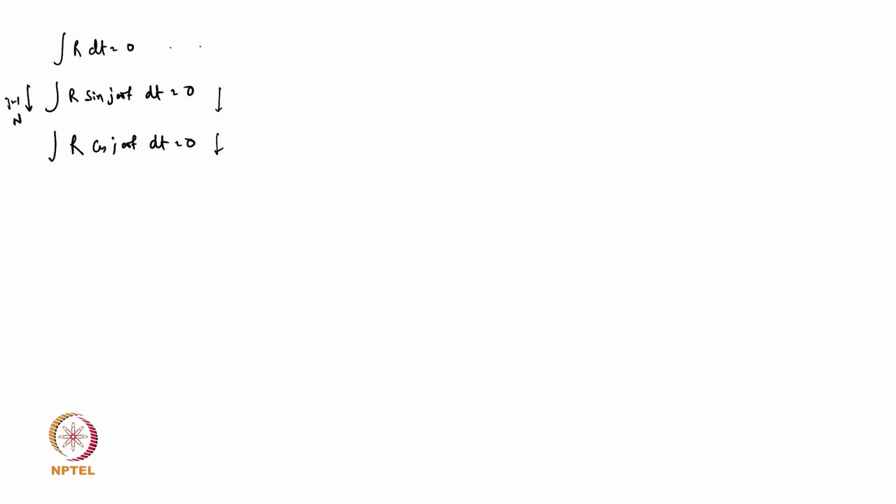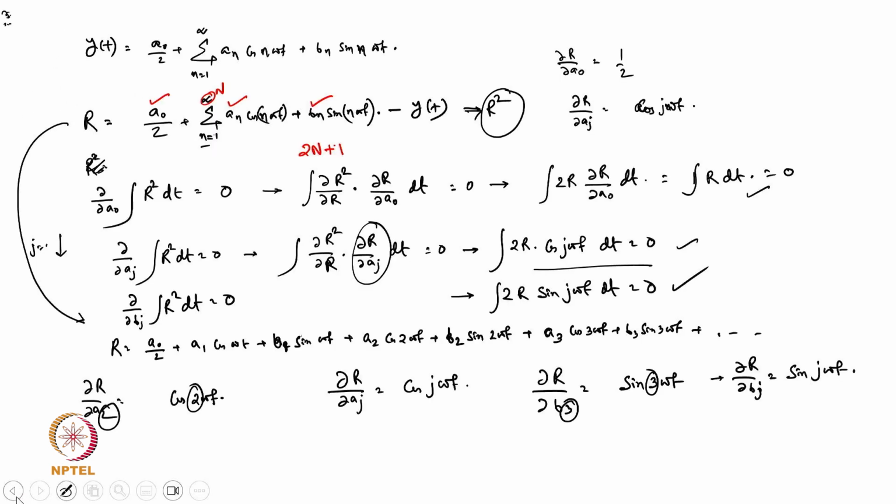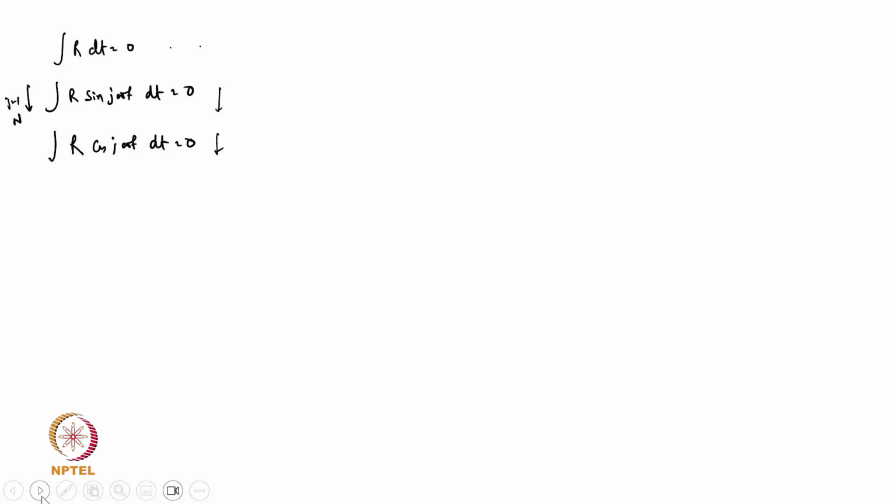Wow, so great. And what is our r? r is equal to a0 by 2 plus summation of n equal to 1 to N of an cos n omega t plus bn sin n omega t, minus y of t.